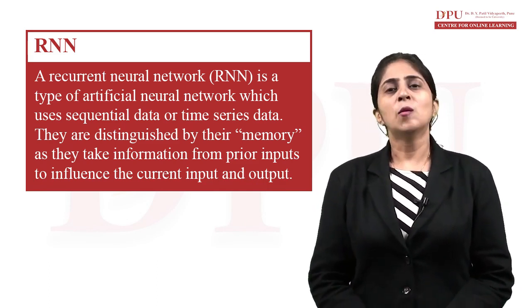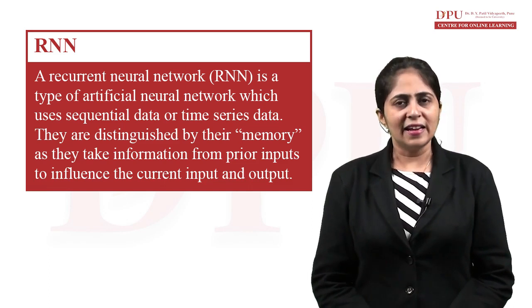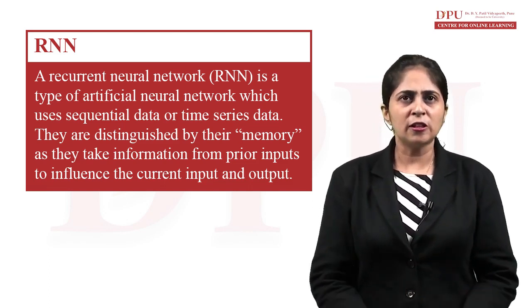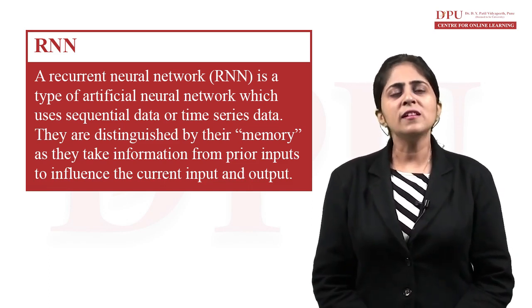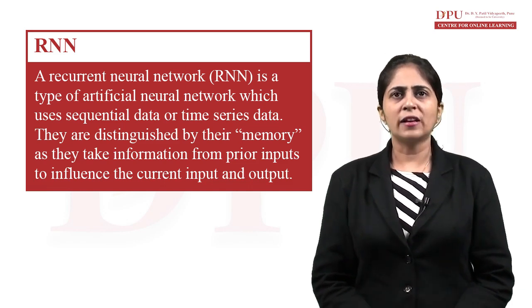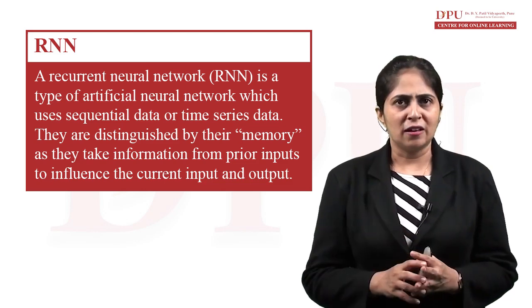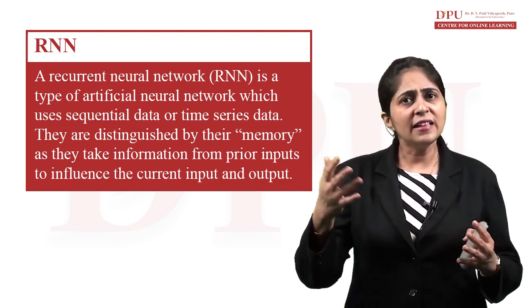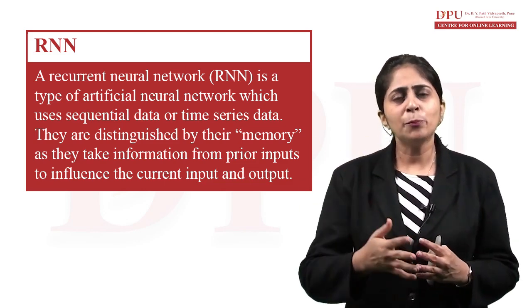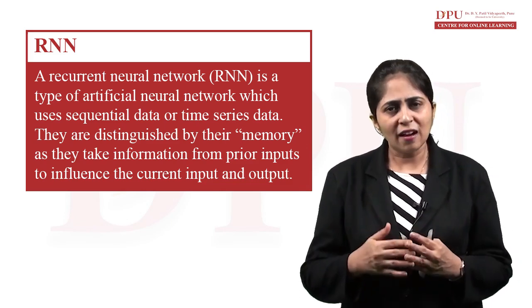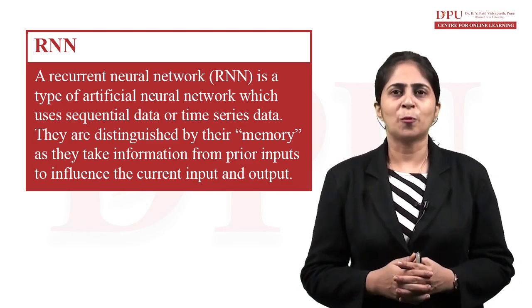So, basically, what is RNN? RNN is a type of artificial neural network which uses sequential data or time series data. They are distinguished by their memory as they take the information from the prior inputs to influence the current input and the output.